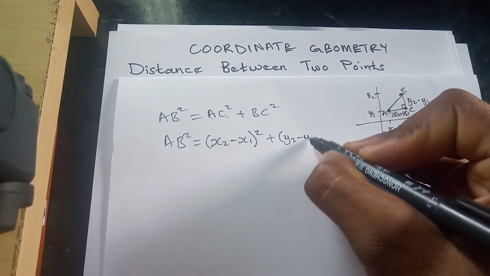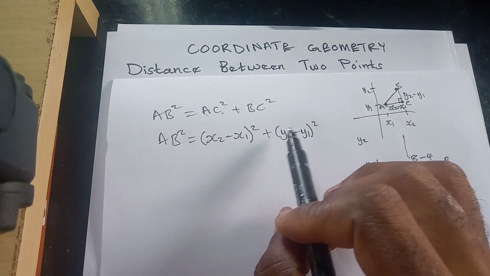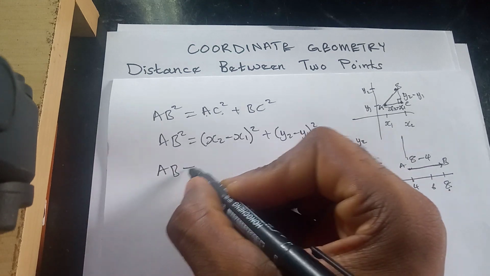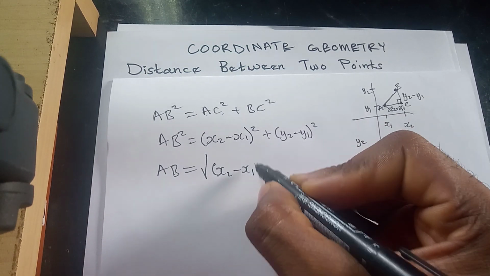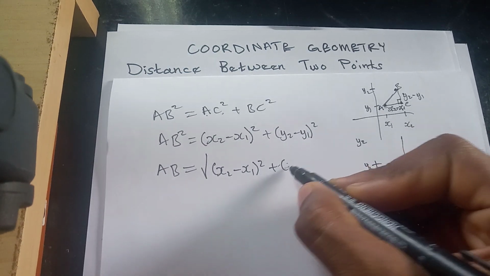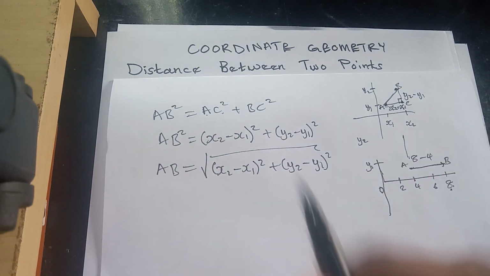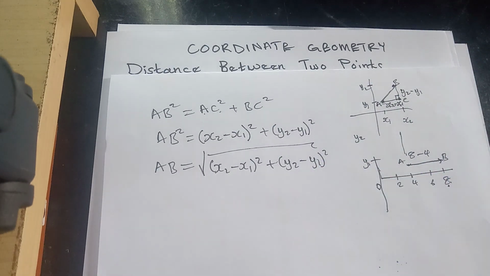So y2 minus y1 squared. And then when you take the square root of both sides, you have what is known as the formula for finding the distance between 2 points on the x-y plane. This is the formula we shall be using. So you may not need to derive it all the time.